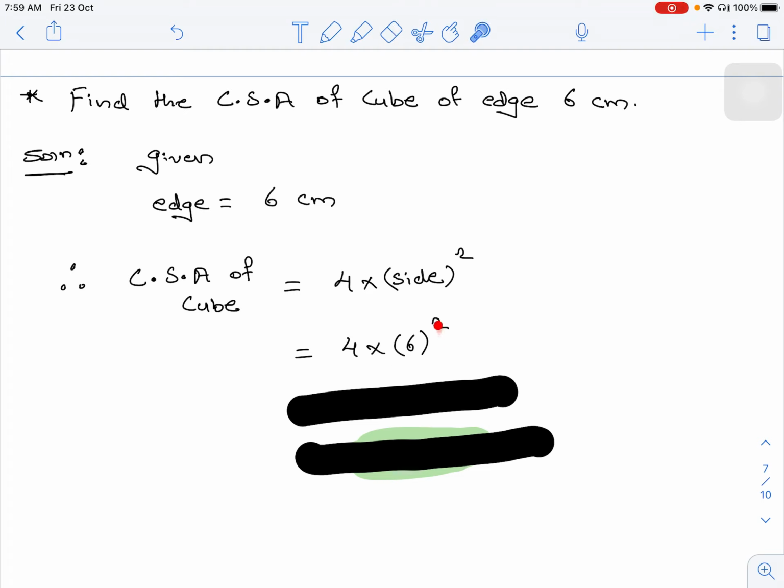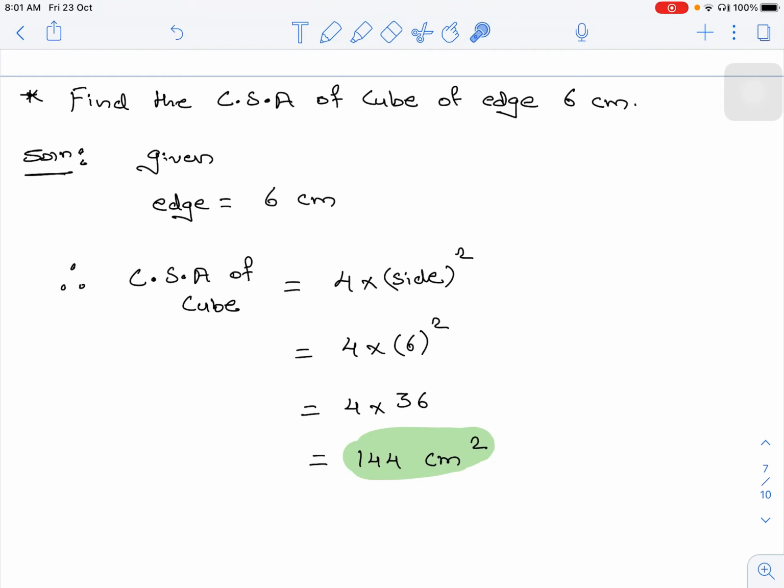First we will find the square of 6. What is the square of 6? It is 36. So finally we get that the CSA of a cube with edge 6 centimeter is 144 centimeter square. Why have we written square here? Because we are finding area. In area we write square units. In this way we have calculated the CSA of a cube.